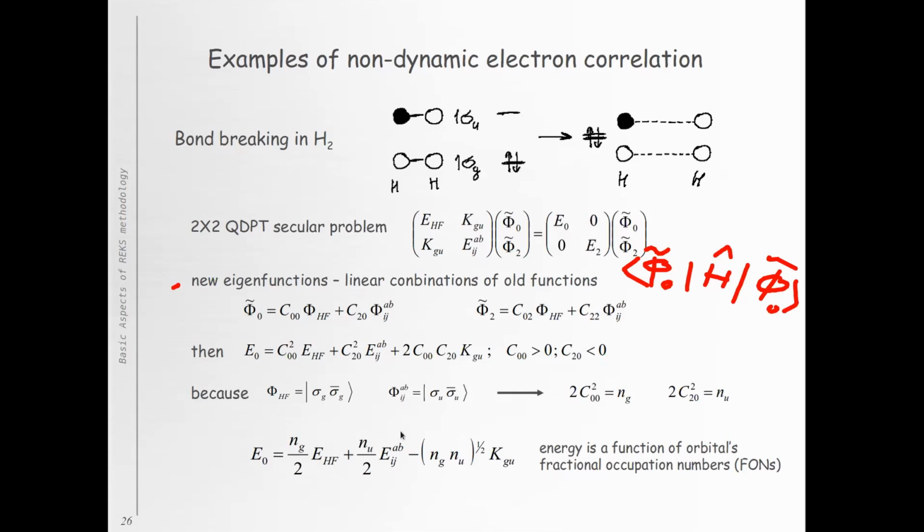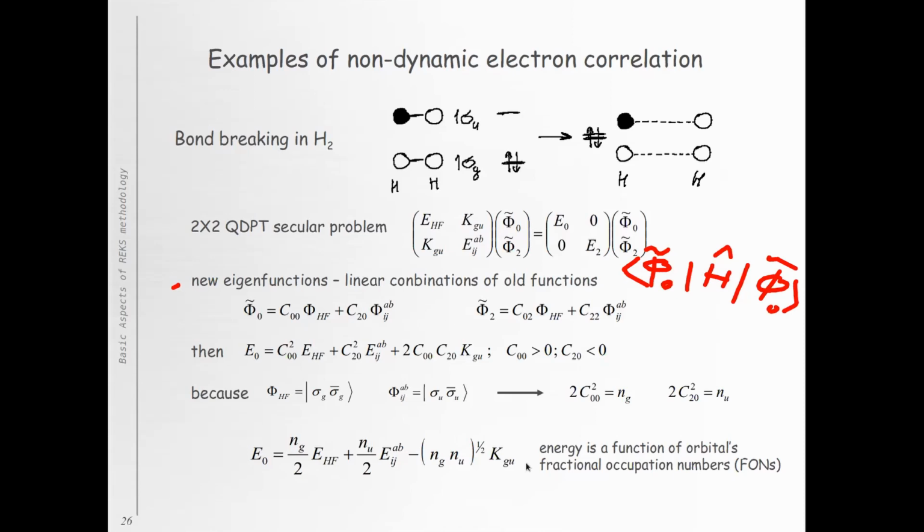In front of them, I will have, of course, in this case, halves of the occupation numbers of the respective orbitals, these fractional occupation numbers. And there will be some coupling term between the two electronic configurations. This coupling term originates from electron-electron repulsion. But it is negative because we have solved this equation, and the contribution of this term will have a minus sign, right? So it is negative.